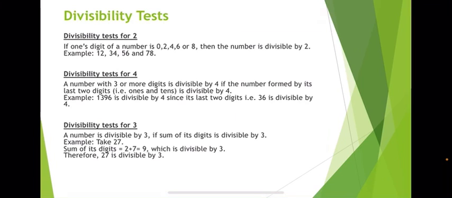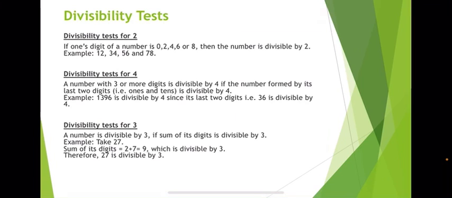For example, 12, 34, 56 and 78. In all these numbers, the ones place is an even number or 0. So these numbers are divisible by 2. We can just look at these numbers and simply say whether they are divisible by 2 or not.